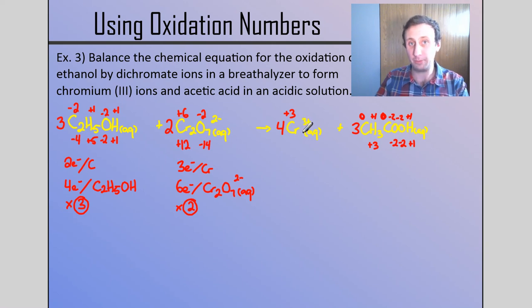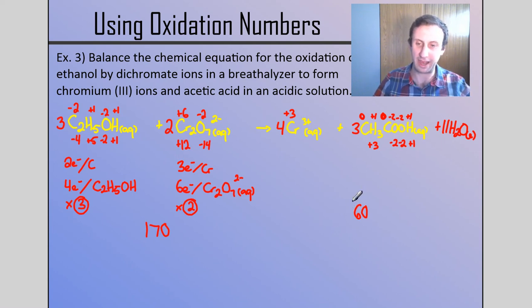I did the other atoms first besides H and O. On the left-hand side, I have 3 O's plus 14 O's, so 17 O's on the left. And on the right, I have 3 times 2 is 6. So I need 11 waters on this side to balance out the oxygens. So 11 H2O liquid is hanging out in the products.